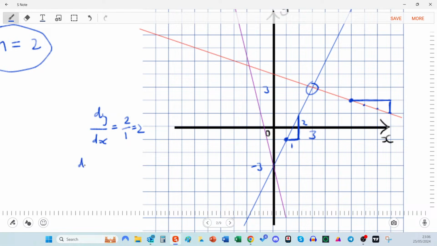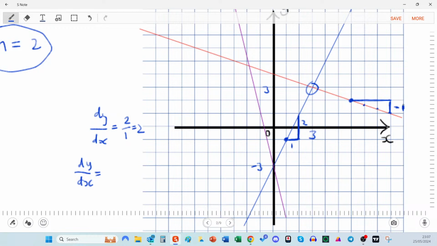Let's do dy by dx for the second one. If we're stuck trying to count, or it's too hard, or we're only given 2 coordinates, it's much better to think about it as dy divided by dx. So in this case, dy is not going up, it's actually going down.